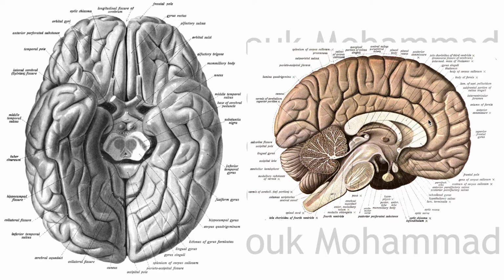Now, the tip of the central sulcus is here, and anterior to it is a continuation of the precentral gyrus, and posterior to it is a continuation of the postcentral gyrus.